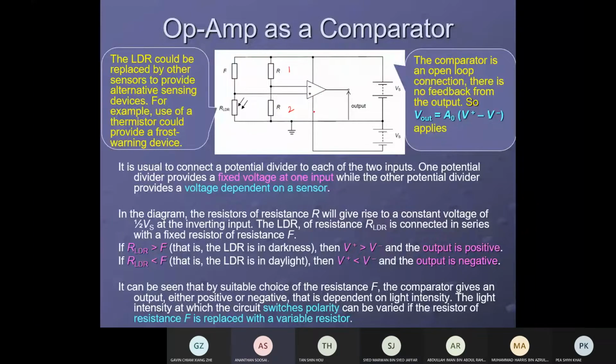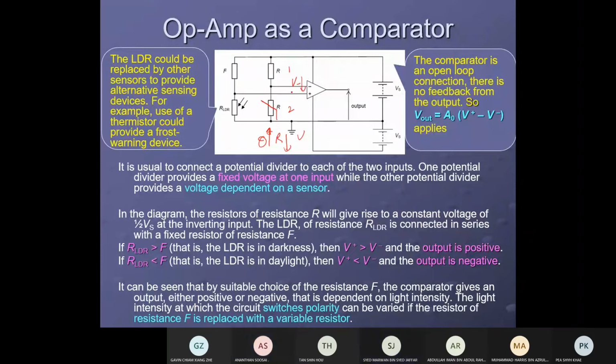Let's say we put the thermistor at 2. When temperature rises, what happens? The resistance of the thermistor becomes small, so the voltage across the thermistor becomes small. So V negative becomes small, right?